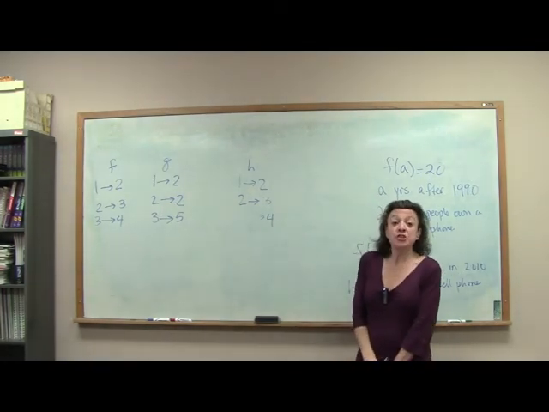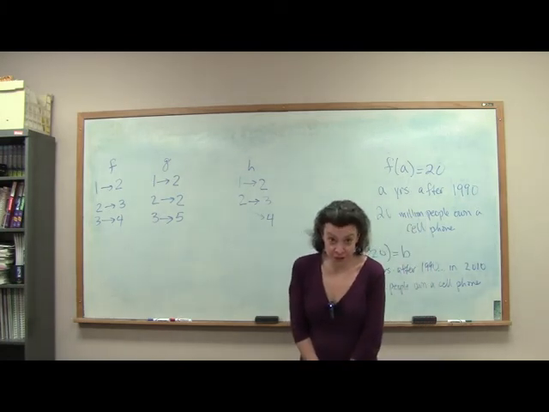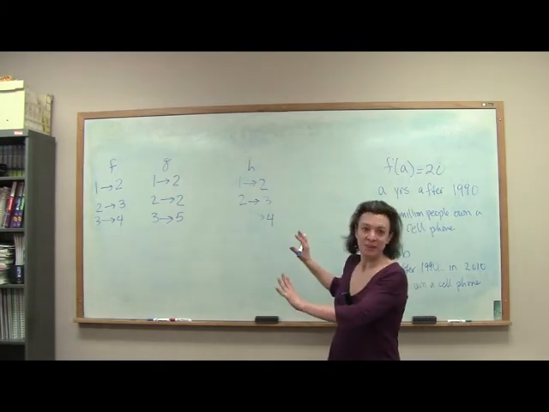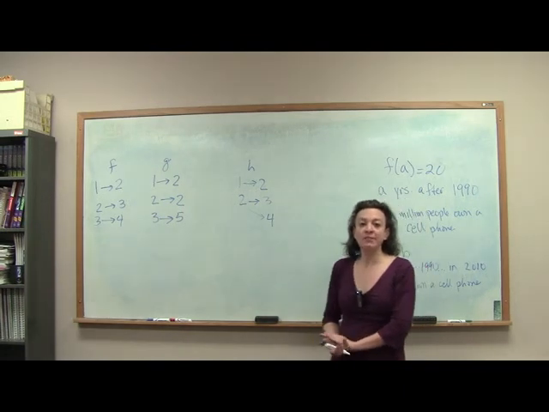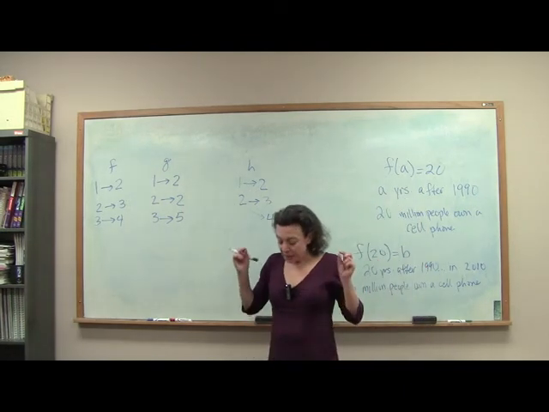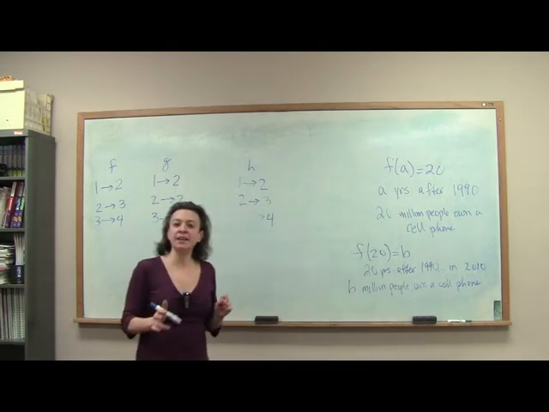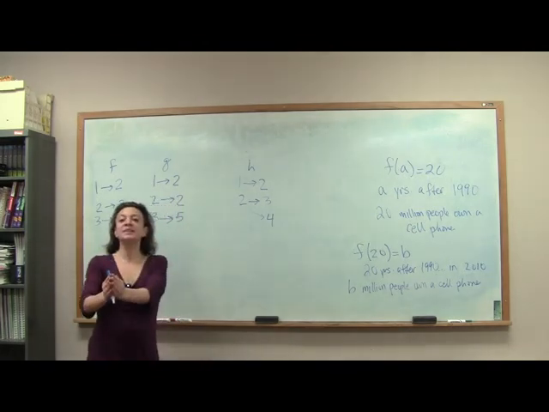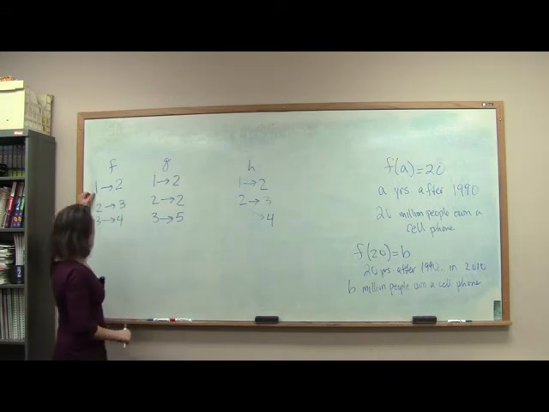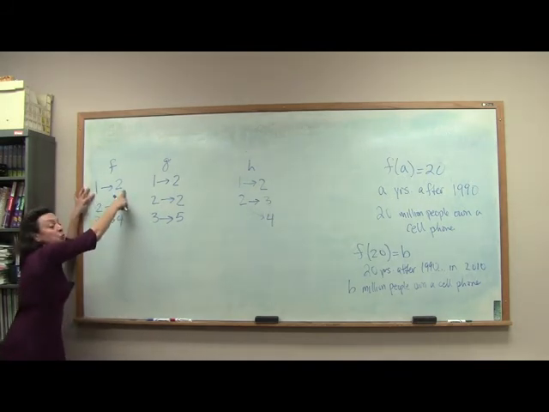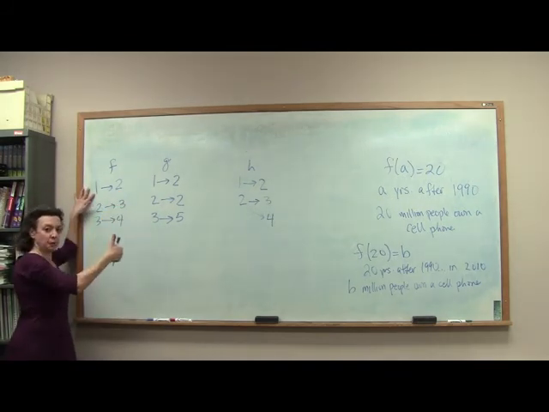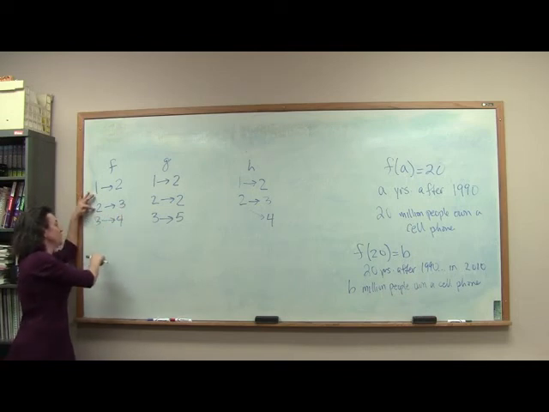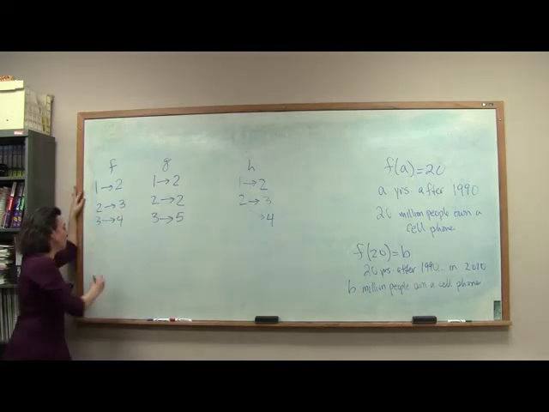I claim that 2 of these guys are functions, at least of what we see that's written, and 1 of them is not. Okay? So, again, the key thing is that each input goes to exactly one output. Well, in this first guy, 1 is only going to 2. We're good there. 2 is only going to 3. 3 is only going to 4.